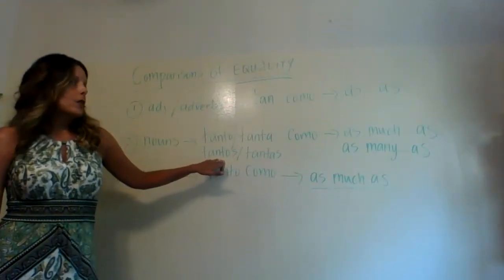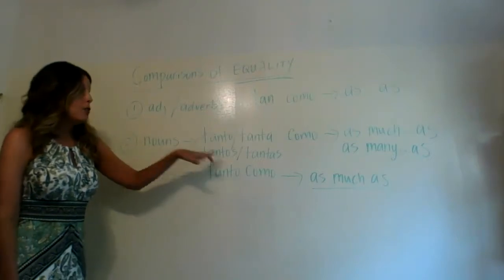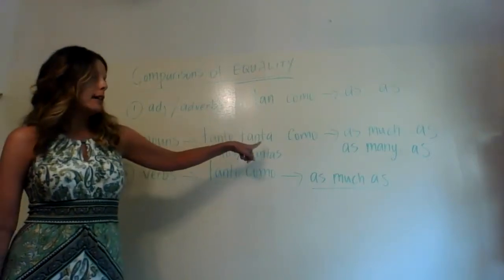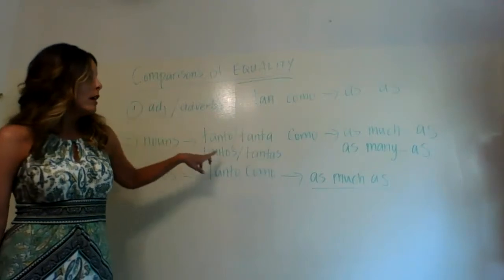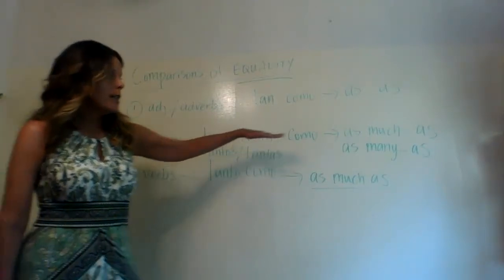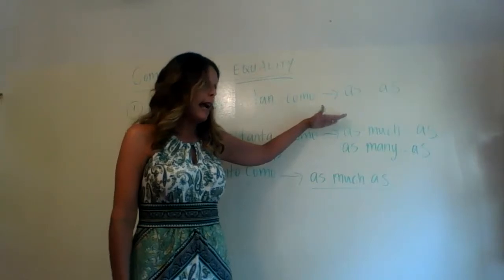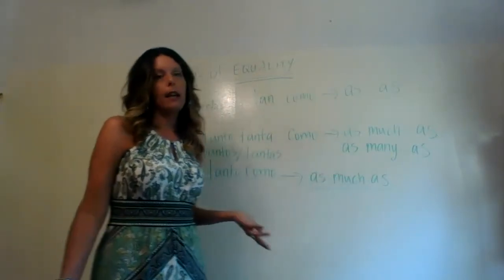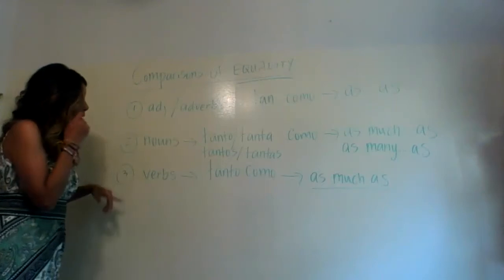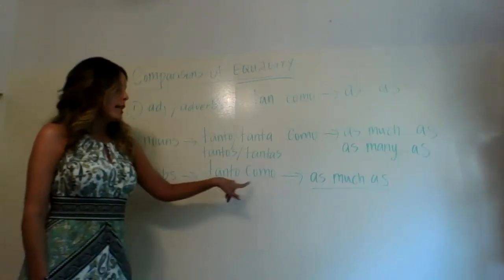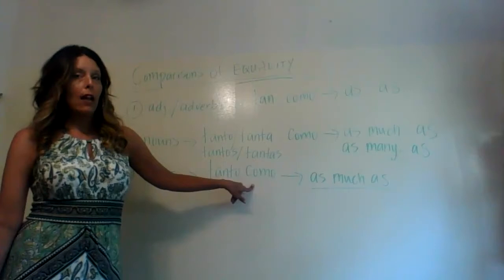But we will see that in some example sentences. Just remember that when we use it with nouns, we will see tanto, tanta, if we're talking about singular, tantos, tantas, if we're talking plural. When it's singular, it's going to mean as much something as somebody else, and plural as many something as somebody else.